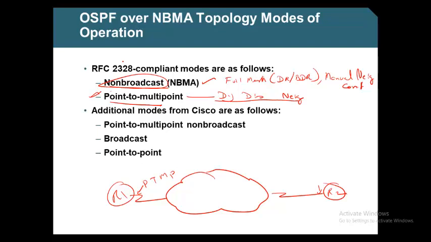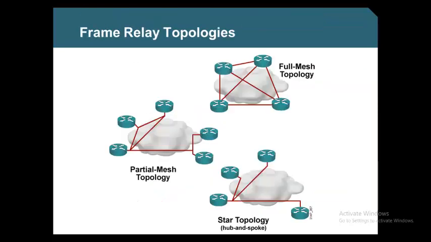Plus, no DR, BDR. Which means it can be a full mesh, it can be partial mesh, it can be hub and spoke, never mind. This is a very good one to work with any of this topology because there is no DR-BDR.